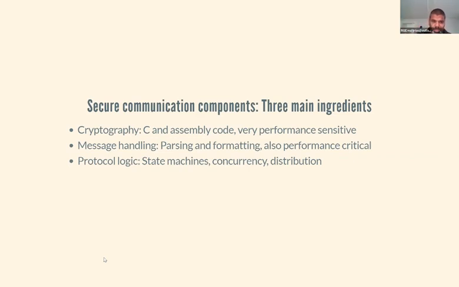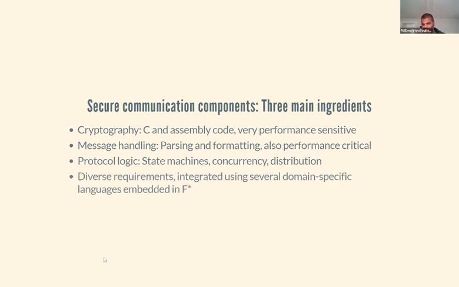So these three classes of components all have diverse requirements, and we want to build these components in a way that we can compose their proofs in a single framework and provide a single coherent theorem about a system that we build using these components.